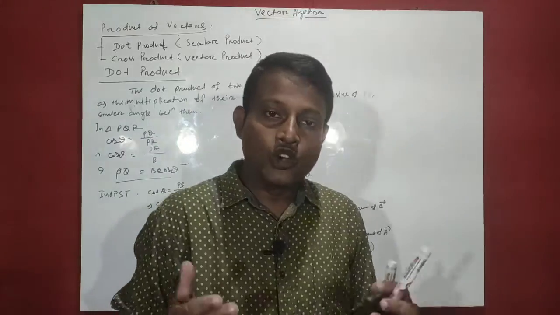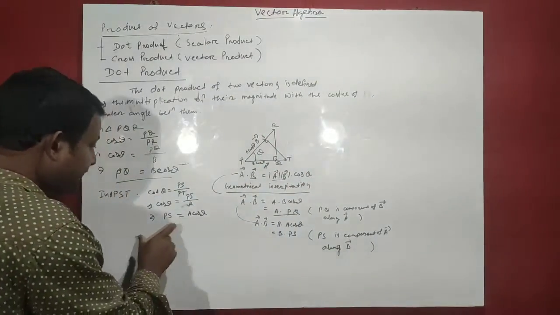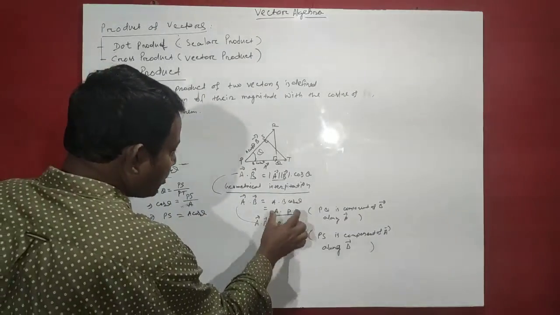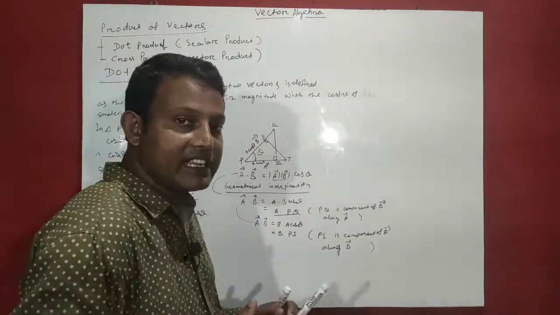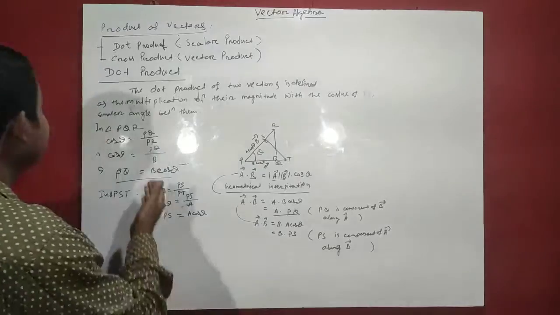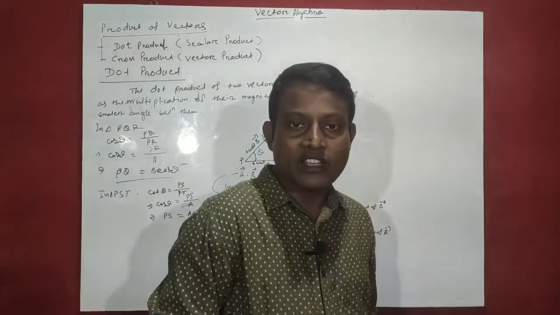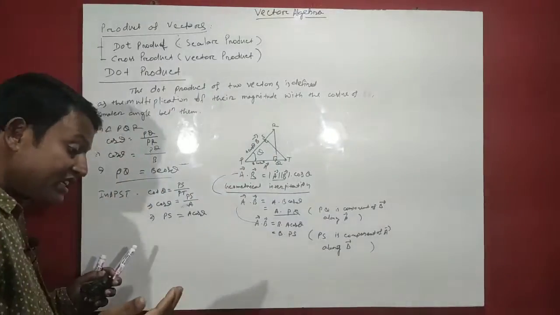Guys, these two equations tell us that we can also define the dot product in another way. What is this way?